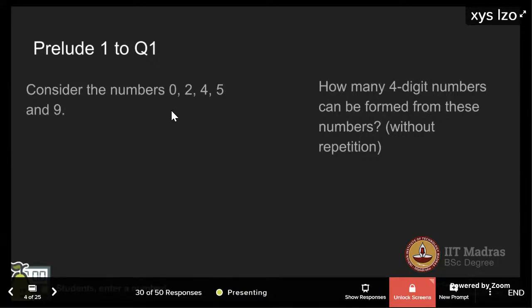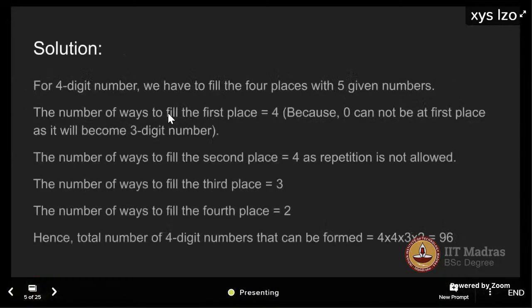You just have to take any of these 5 except 0, like 2, 4, 5, and 9 can be at the first place. So there are 4 ways to fill the first place. For second, again, you have 4 ways because 1 is used at the first place, but you can use 0 here as well. For third and fourth, you have 3 and 2 ways respectively. Okay, multiply, right.